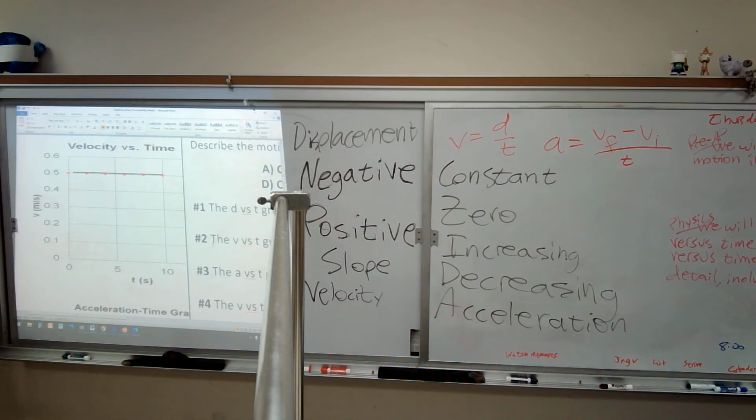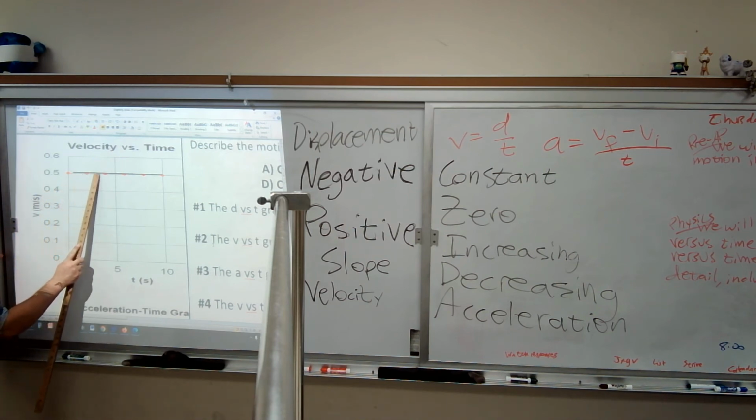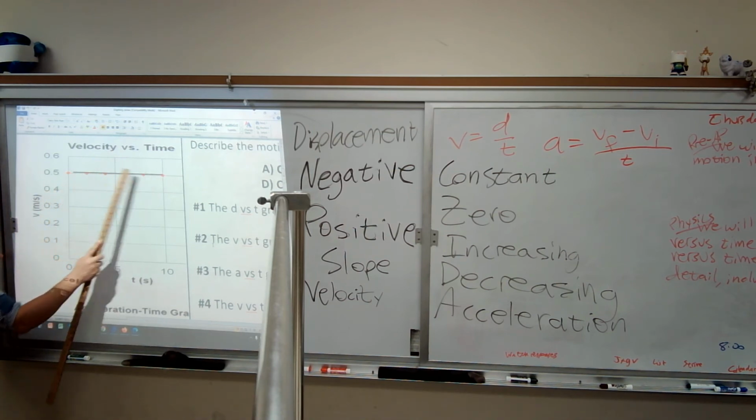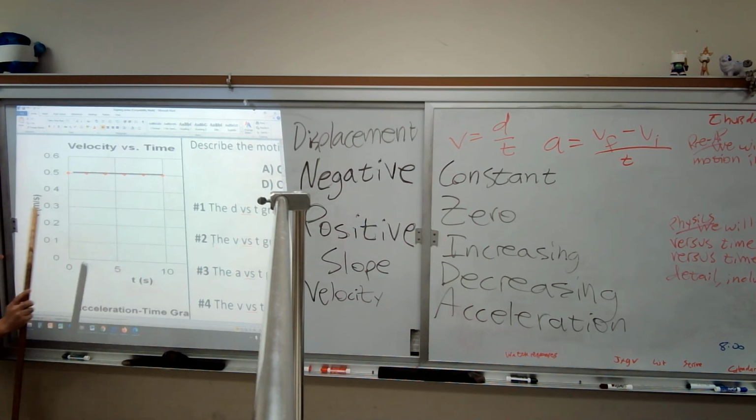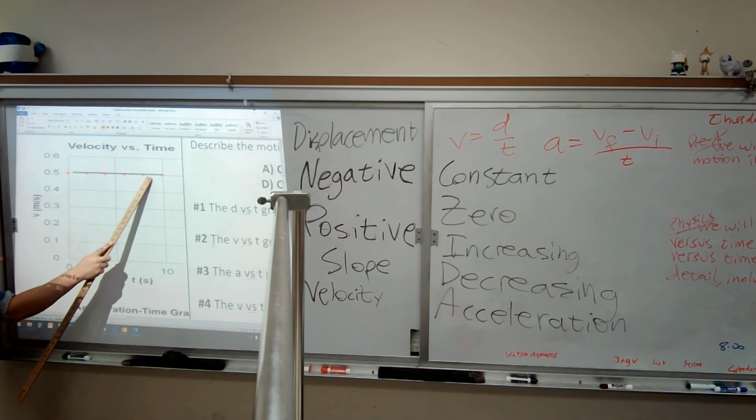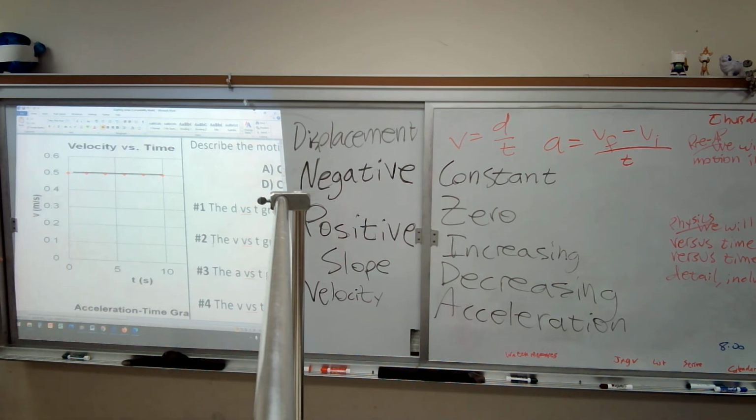Constant slope. Farron, what's the other one? Would it be like zero acceleration? Zero acceleration and constant acceleration. Because it never accelerates. Its acceleration is always zero, so zero acceleration, because it doesn't speed up and slow down. And the acceleration is constant at zero. So that's good.